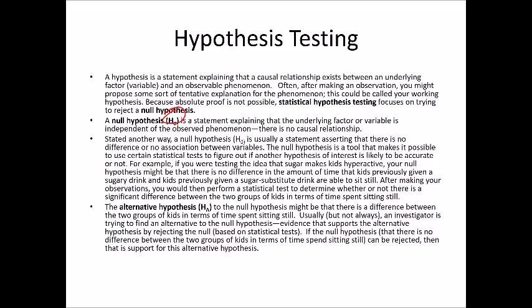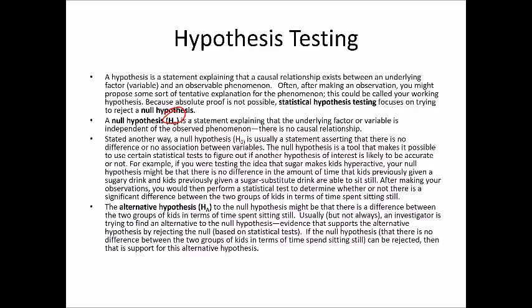Usually, what we mean by that is that there's no difference or no association between two variables. For example, maybe we're testing the idea that sugar makes kids hyperactive. So our null hypothesis might be there's no difference in the amount of time that kids given a sugary drink and kids given a sugar substitute are able to sit still. That's our null hypothesis. Sugar doesn't affect how long the kids are able to sit still.